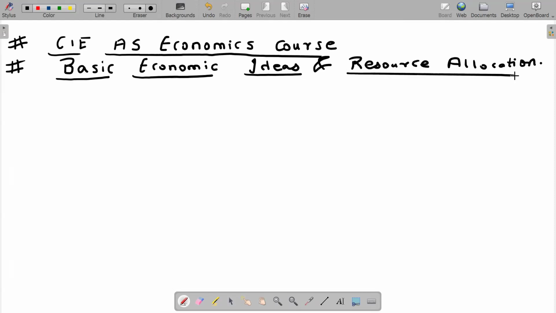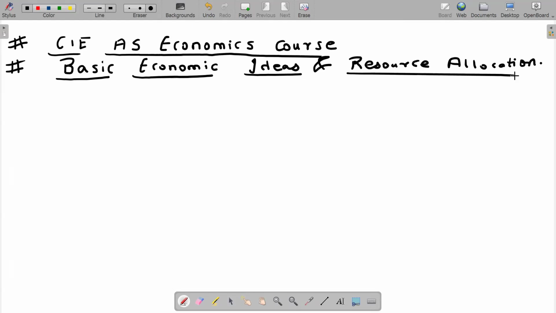This is the first module within the AS Economics course. In this lecture, we are going to talk about the concept of the fundamental economic problem. We're going to talk about scarcity, choice, and opportunity cost.